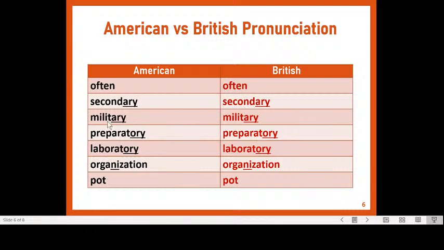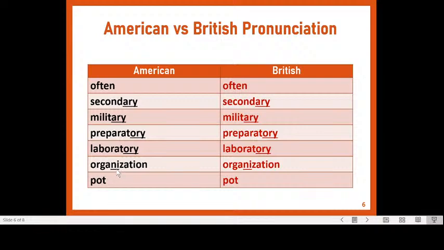In American English, military, military. But when a word ends with "ory" and it's a suffix, prepare, preparatory, they say preparatory. In British English, preparatory. In American English, laboratory. In British English, laboratory.